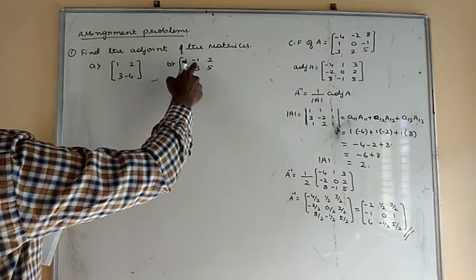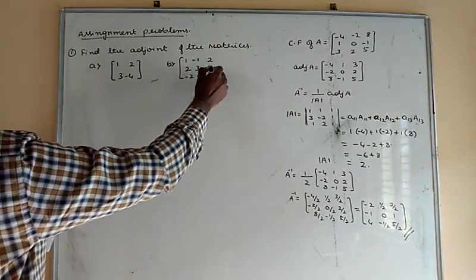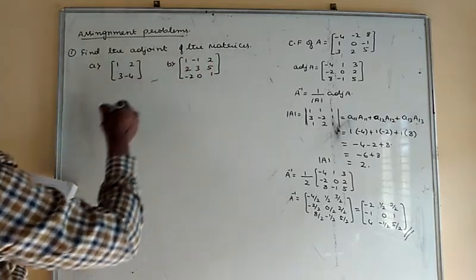Second problem: 1, minus 1, 2, 2, 3, 5, then minus 2, 0, then 1.